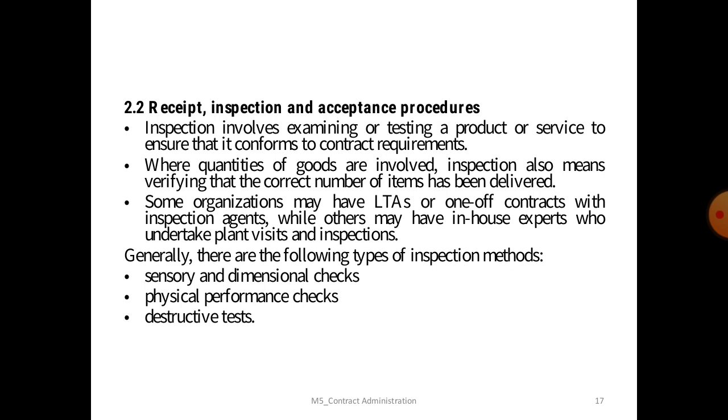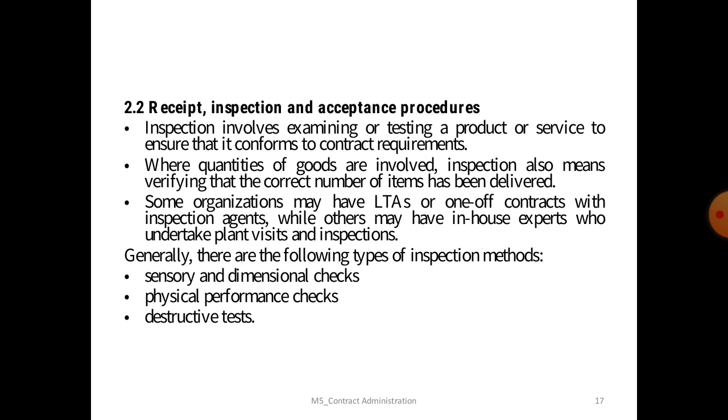Some organizations may have a one-off contract with an inspection agent, while others have in-house experts who undertake plant visits and inspection. So generally there are the following types of methods.